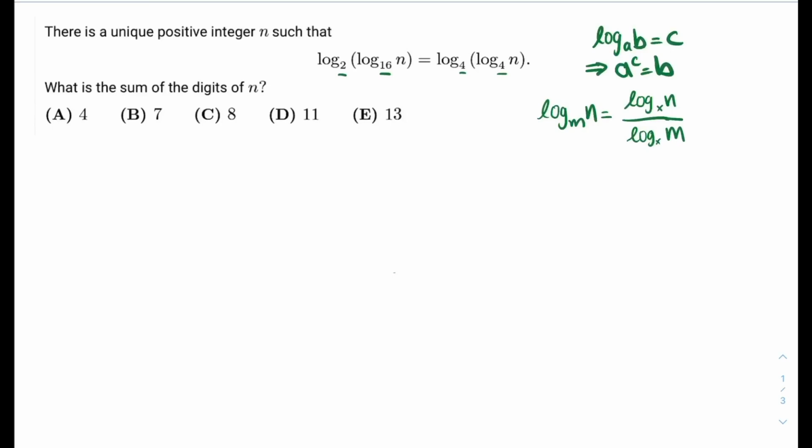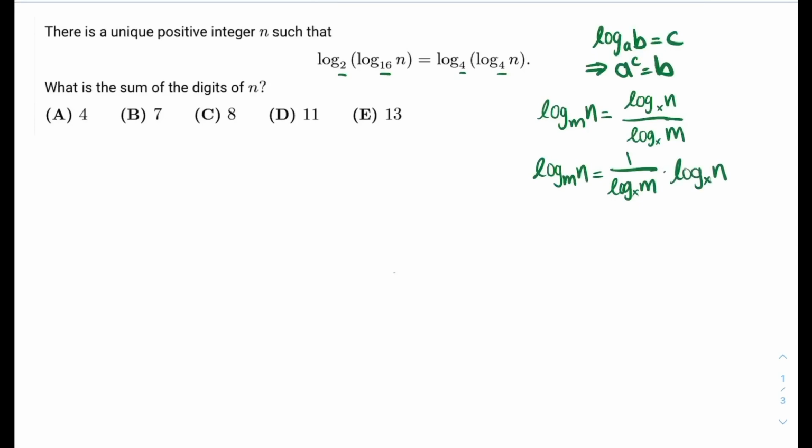So now you have an expression where everything is in terms of log base x instead of log base m. Another way to write the exact same equation is that log base m of n is equal to 1 divided by log base x of m, times log base x of n.